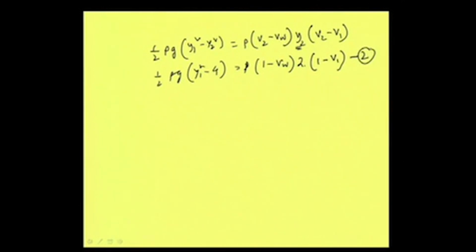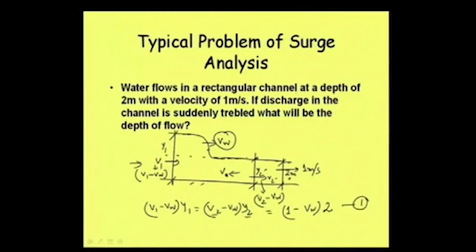Well, for the information we have, you can refer to the slide. We have the information that v1 y1 is the actual discharge coming after the surge, and this discharge is 3 times that of v2 y2.